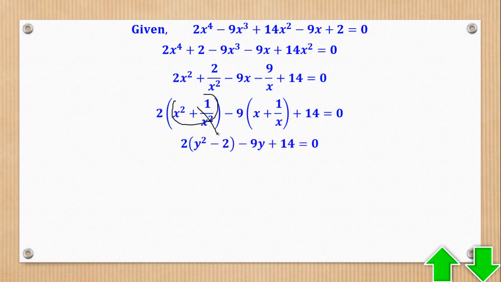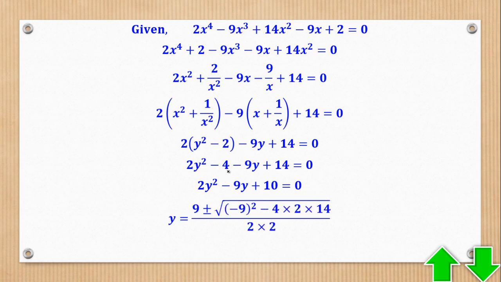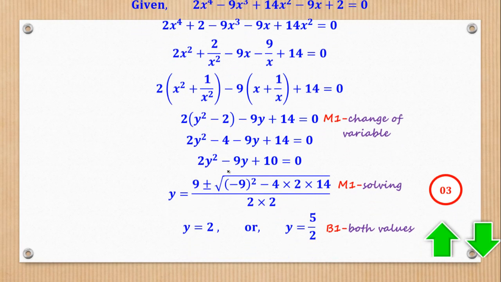So this one you replace, this replace. Now you have simplified to a quadratic equation which can be solved using the quadratic formula to get the 2 values of y. But remember, we are the ones who introduced the y. They want the values of x. So we need to come here and get the value of x for each value of y.